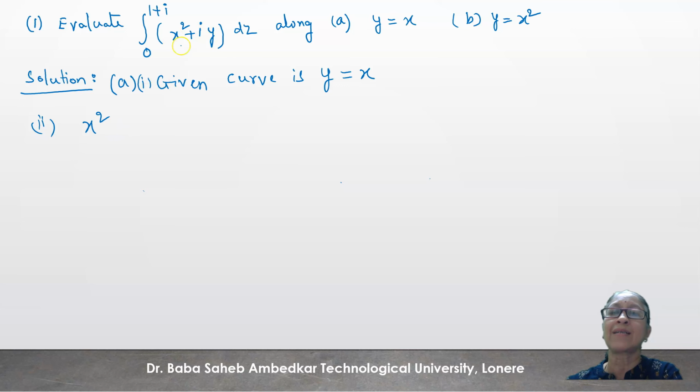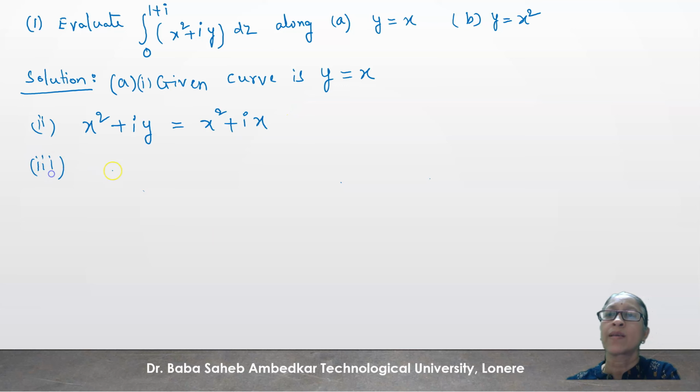Here this is not in z terms, this is already in terms of x and y, so convert into x or into y using this equation. Here it is y equal to x. Okay, so x square plus iy can be written as x square plus ix. That means here we put y equal to x in this equation. So we got x square plus ix.